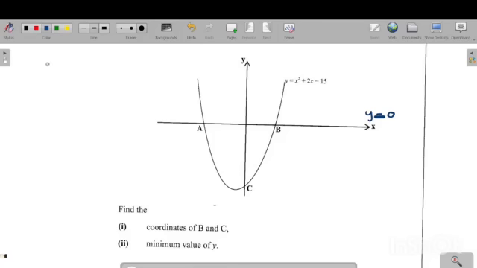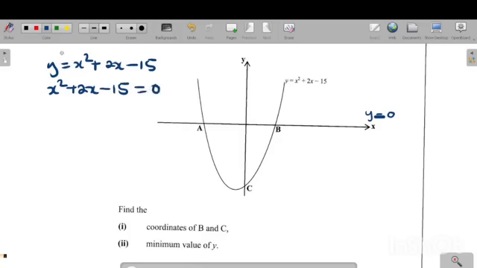So we are going to have y is equal to x squared plus 2x minus 15. Then because y here along this line is 0, we are going to equate this equation to 0. So we are going to have x squared plus 2x minus 15 where there is y, we say is equal to 0.